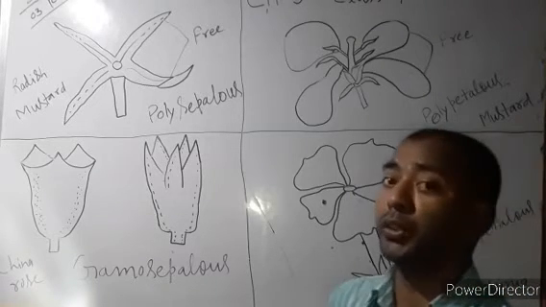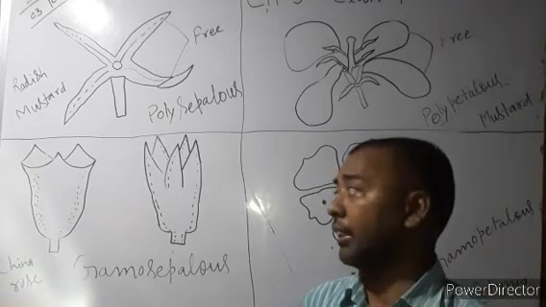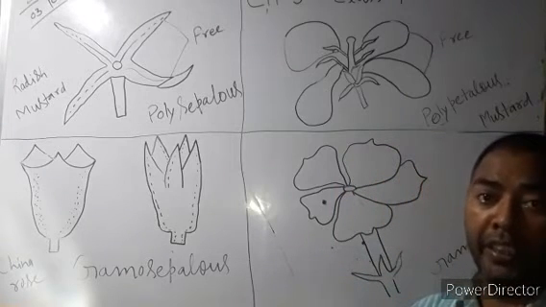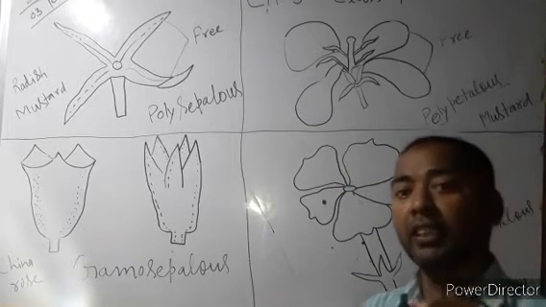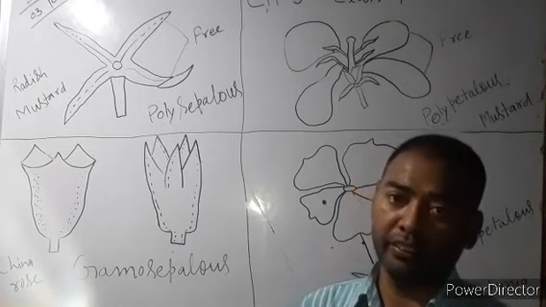What did I tell you? The first thing is to defend the structure of the flower due to the outer wall. And the second is, due to the green color, photosynthesis occurs and energy is synthesized.